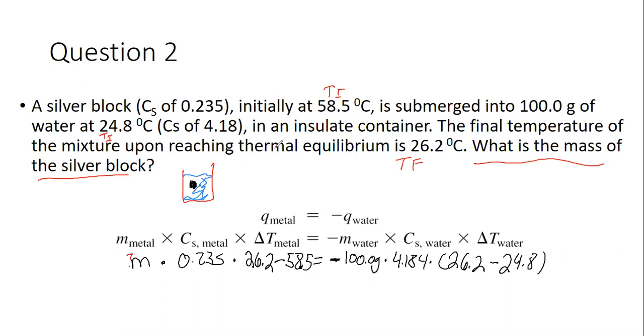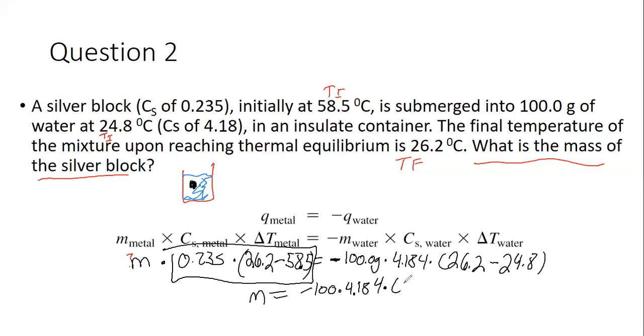All right, so I'm going to solve for M. So M on one side, divide each side by this parentheses. So it is negative 100 multiplied by 4.184, or 4.18. I'm adding that extra 4 because that's one of the numbers I've had memorized, but 4.18 is fine.